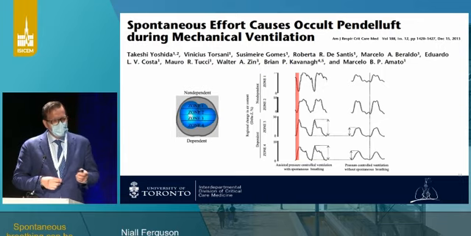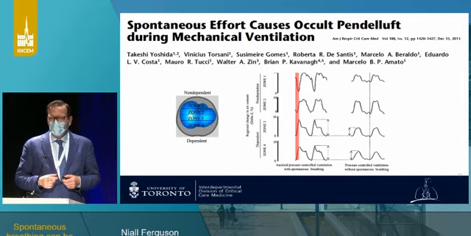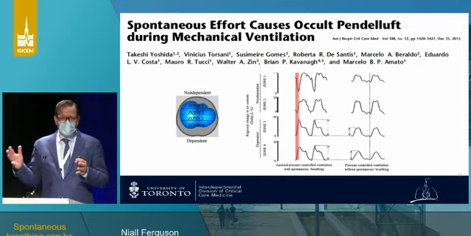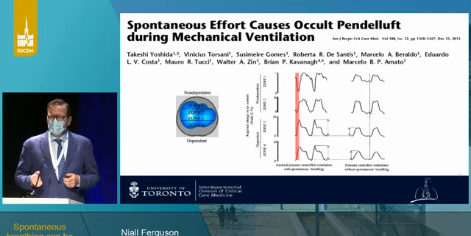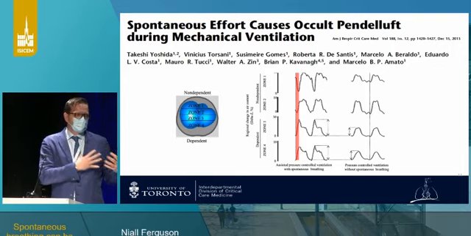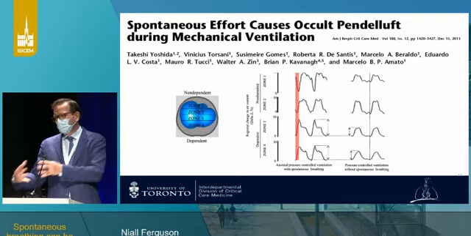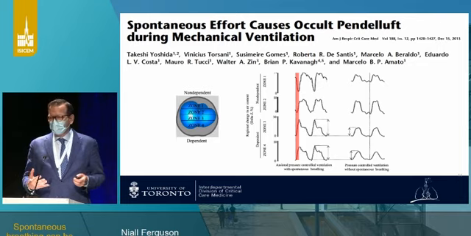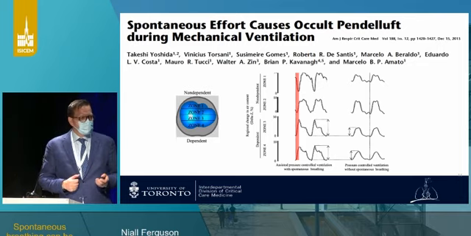Takeshi Yoshida, in this paper, has nicely shown this can lead to the development of Pendeluft, from the German for swinging air. Literally, when you take what seems like a normal sized breath in, all of it goes to one area of the lung initially, and then all of it goes to another area of the lung secondarily, essentially doubling the tidal volume that each alveolar unit is seeing.